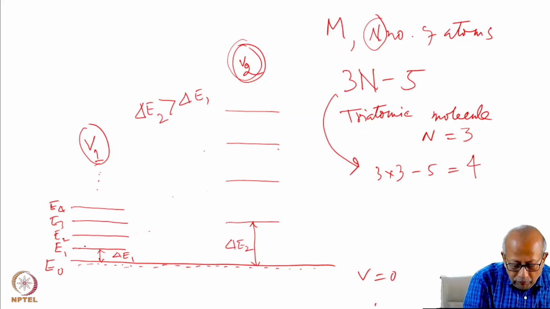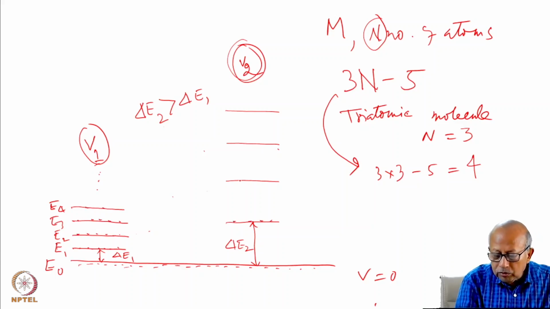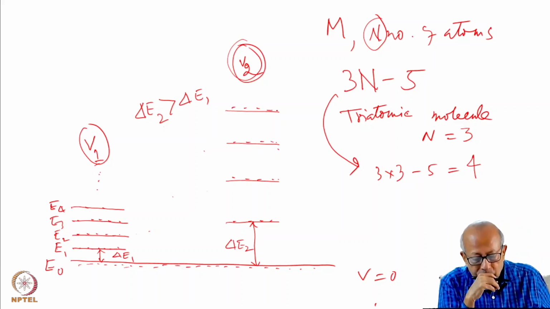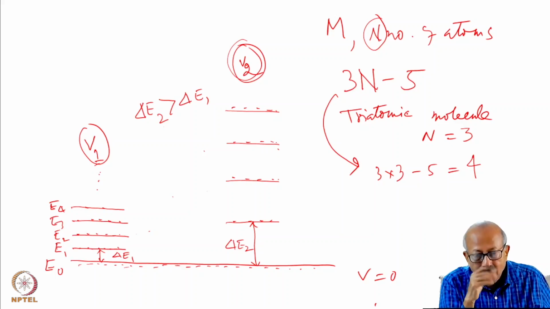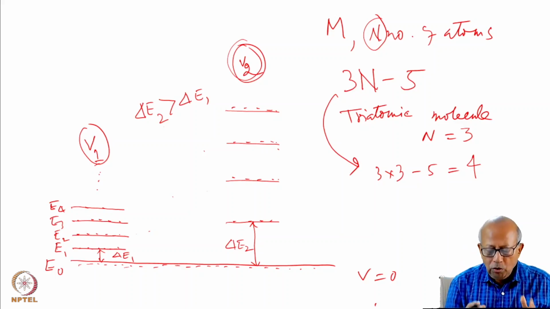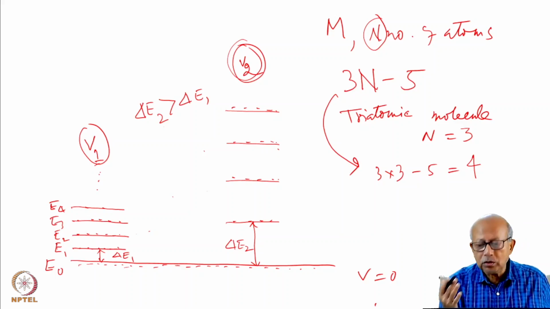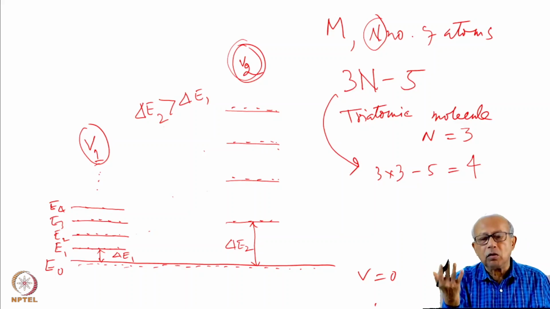So these levels also would start getting populated in both these vibrational modes, following of course the Boltzmann distribution. That means there will never be a situation where there will be population inversion. We just explained it is not possible.